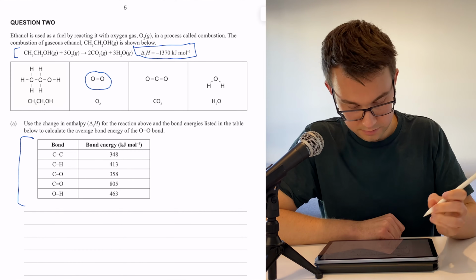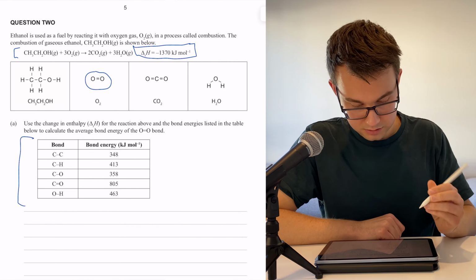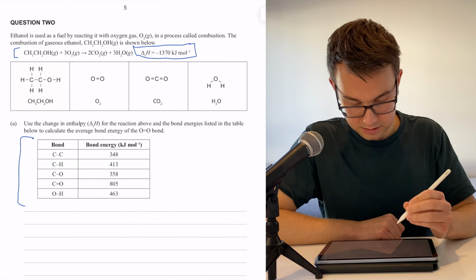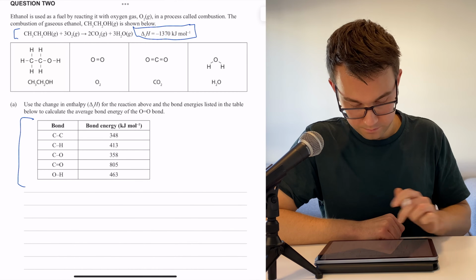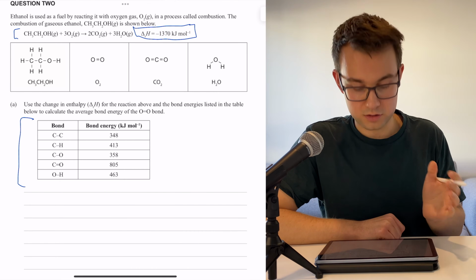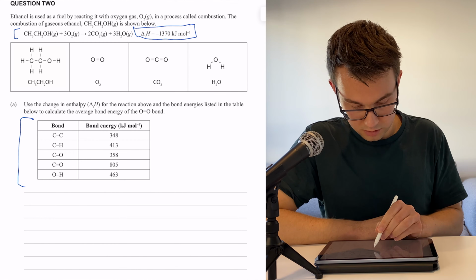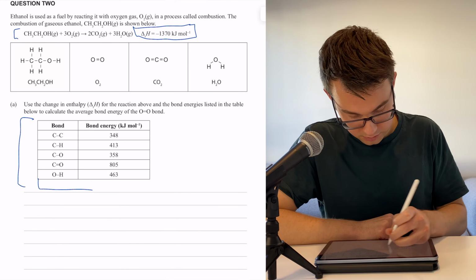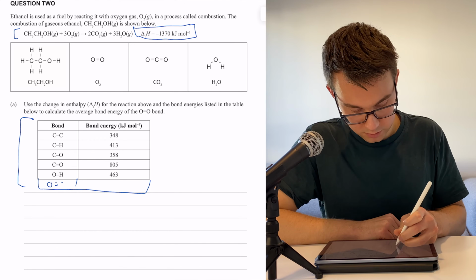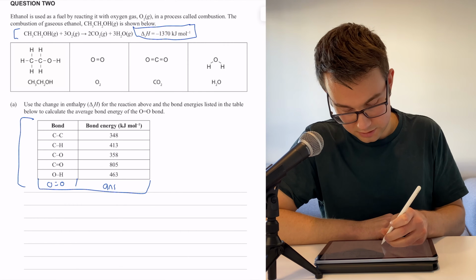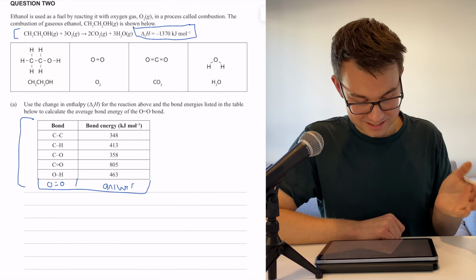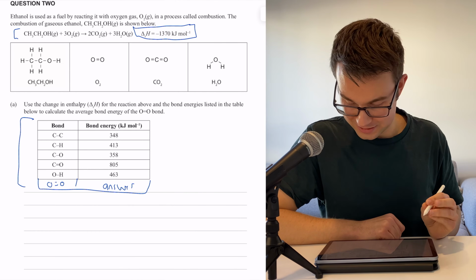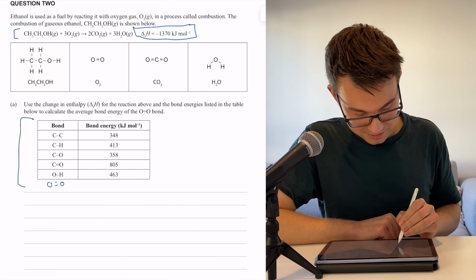So it is asking us to calculate that bond energy or bond enthalpy for this O double bond O bond. It would be nice if they could just give it to us in the table, but they left it off. So let's go calculate it.